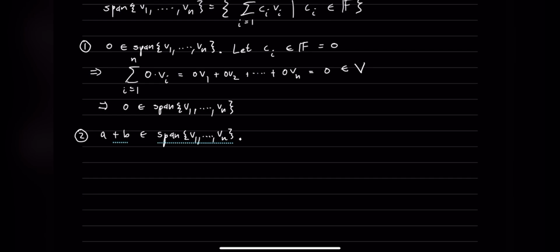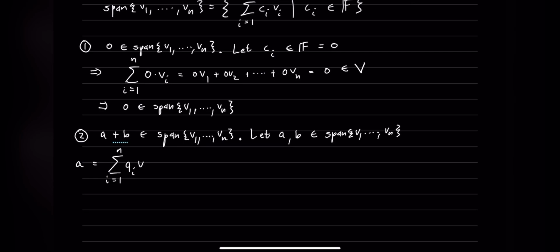So if we let A and B be in the span of V1 through Vn, then A could be defined as the sum from 1 to n of Ai Vi, and B is the sum from 1 to n of Bi Vi.